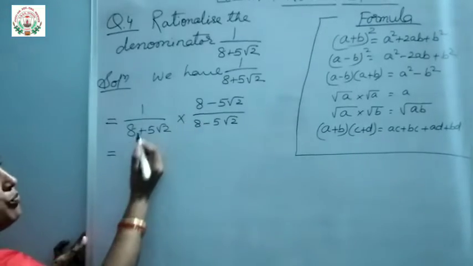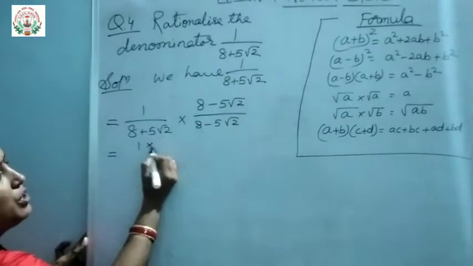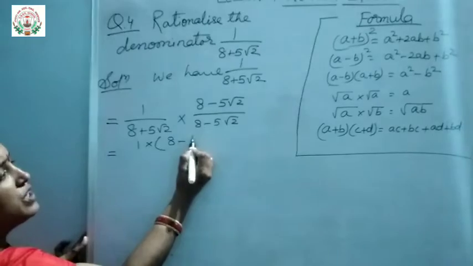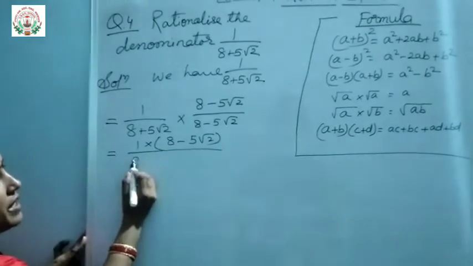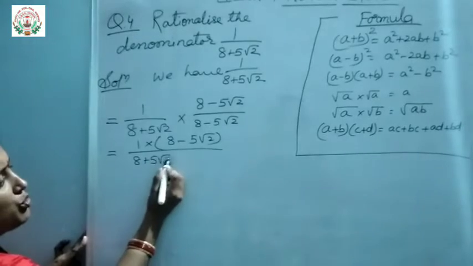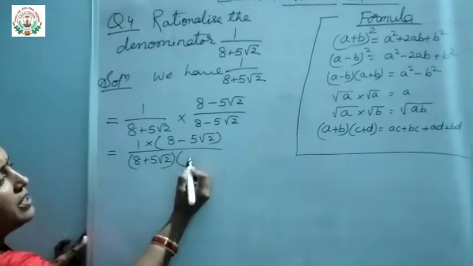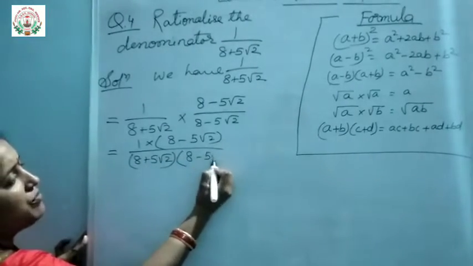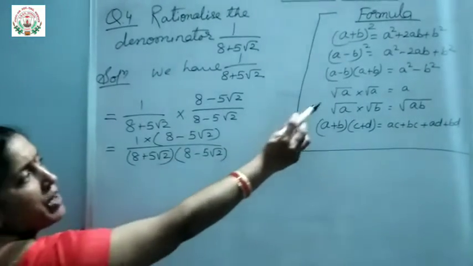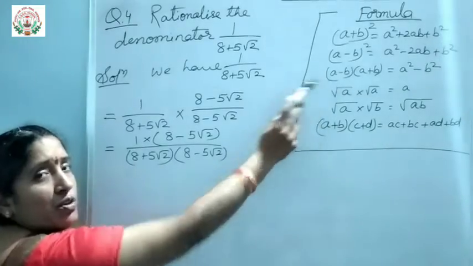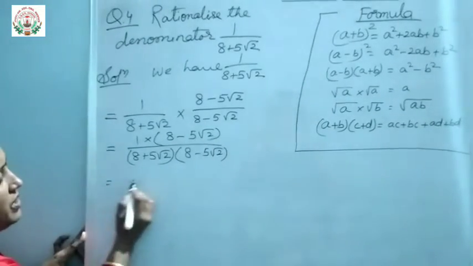Okay. Now multiply: in the numerator 1 into 8 minus 5 root 2, upon here the denominator 8 plus 5 root 2 into 8 minus 5 root 2. Now again you can see the denominator is in the form of the a plus b into a minus b formula.